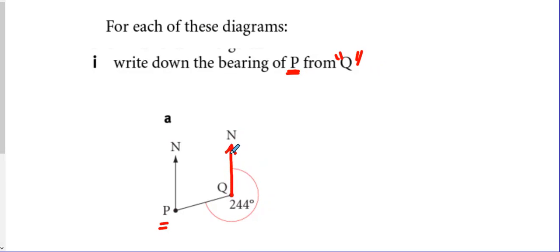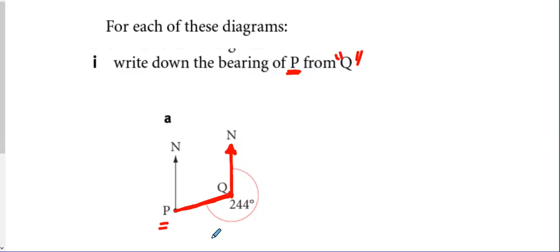Okay. But I'm trying to show you. So write down the bearing of P from Q. On Q you have to draw the North Pole. It's already done. That is step number 1. Step number 2 is to connect P to Q, and also it is done for you. It's already connected.